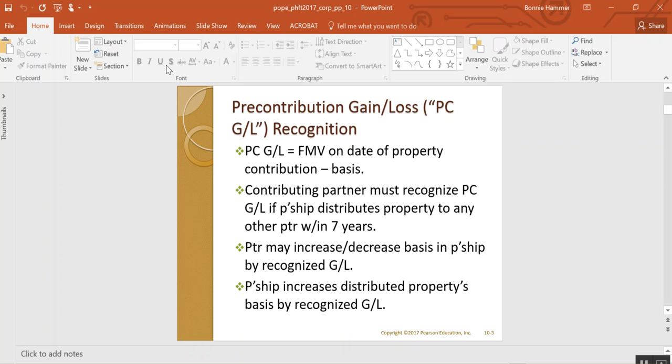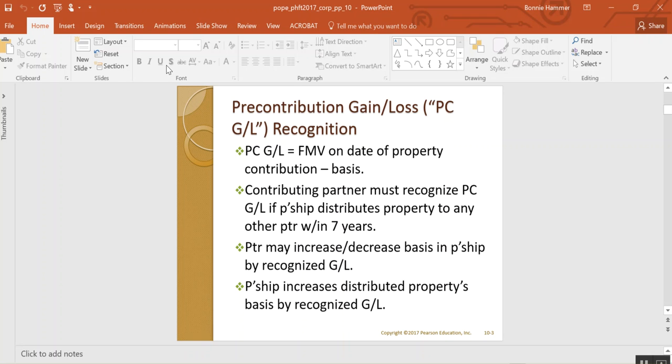When we contribute that property to a partnership, we're essentially getting back an interest in the partnership. So the way they calculate the pre-contribution gain or loss is the fair market value of that couch on the date of contribution minus the basis. That is realized, but it's not recognized under 721. But it will be recognized if it's actually distributed to some other partner within 7 years.